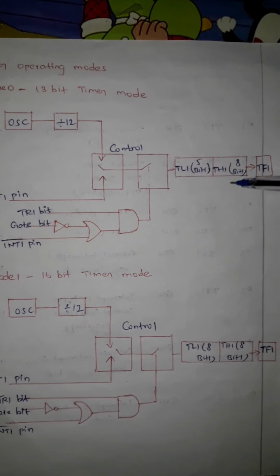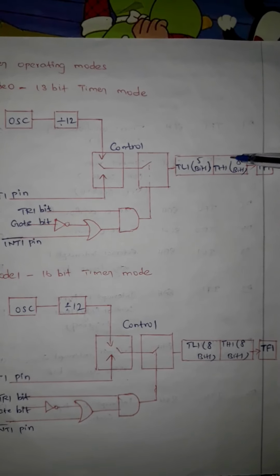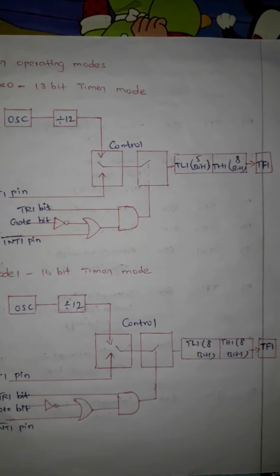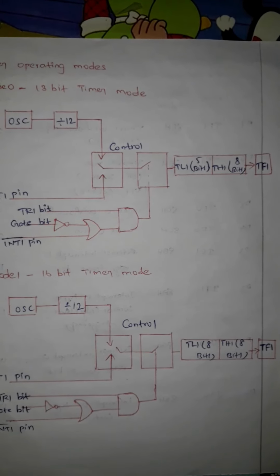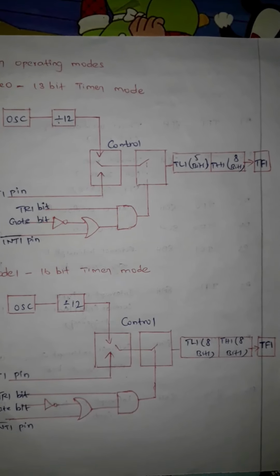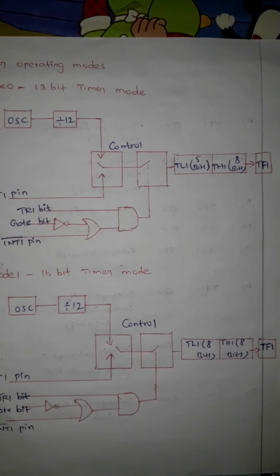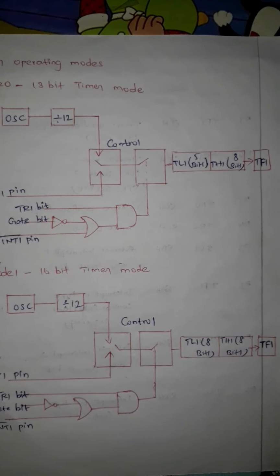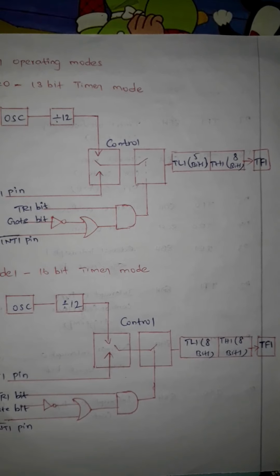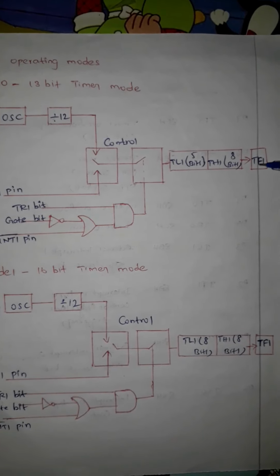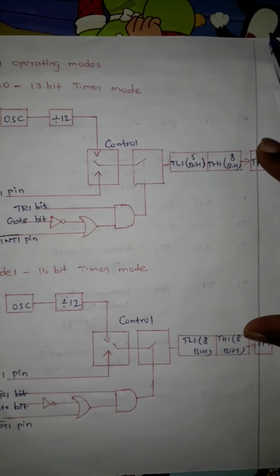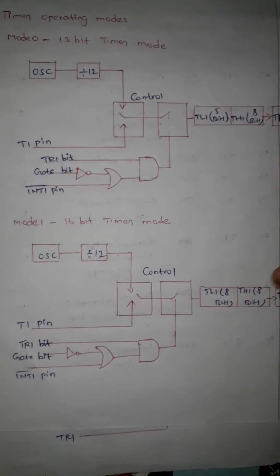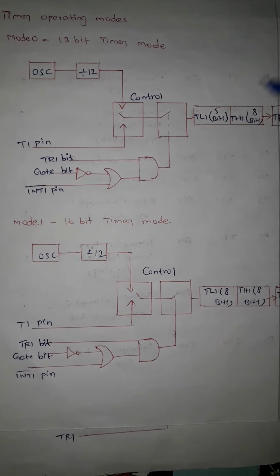So overall 13 bits are used. By using 13 bits the maximum count provided is only up to 8192, that is, from 0 to 8191 counts. Once the count has reached its maximum value, it generates the overflow flag, or sets the overflow flag TF1, as discussed for timer 1.